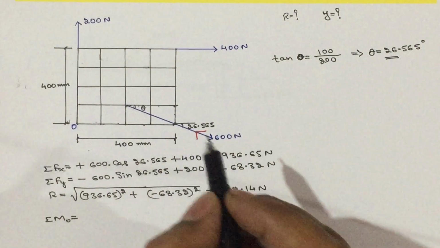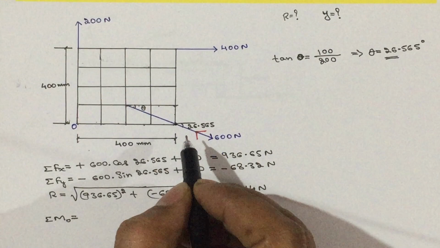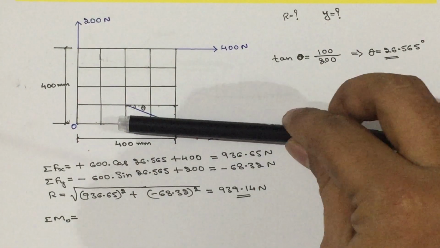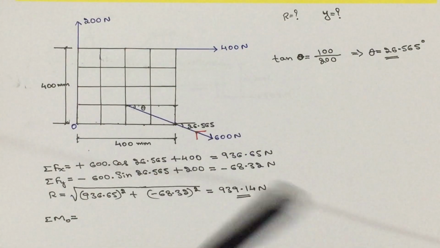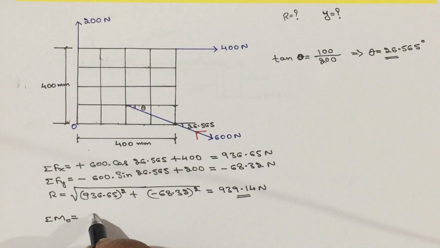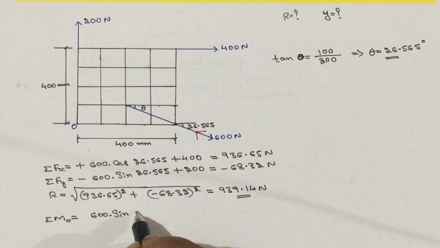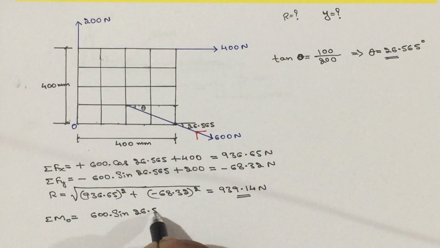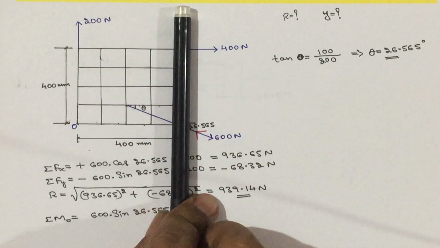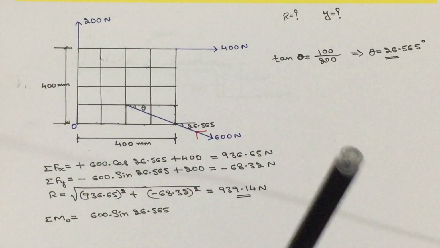So I will start from this force. This force is going to act at this particular point. So the horizontal component will pass through the O point, therefore moment will become 0. Vertical component is f sin theta, that is 600 into sine of 26.565, and the perpendicular distance between this vertical component and the O point is 400 mm.